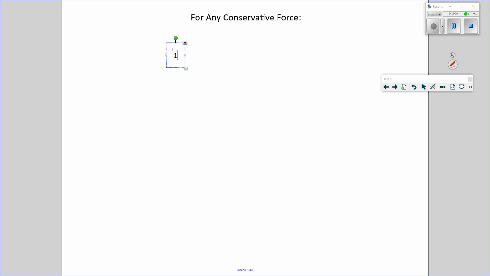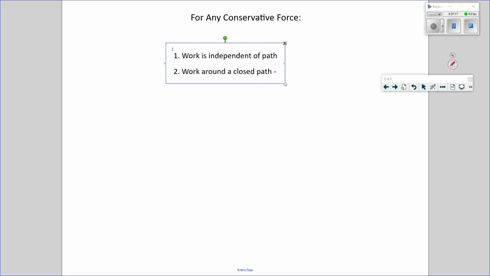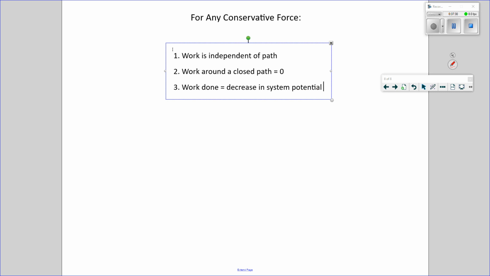1. Work is independent of path. 2. Work around a closed path is 0. 3. Work done equals decrease in system potential energy. And well, that means that we can write a couple of fundamental statements.